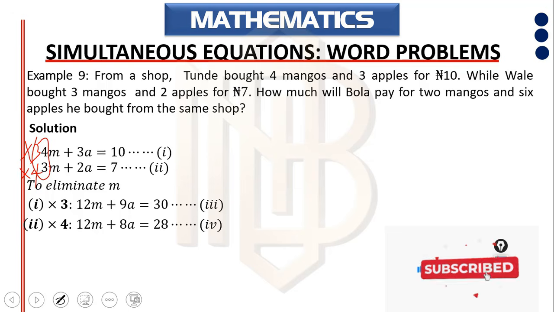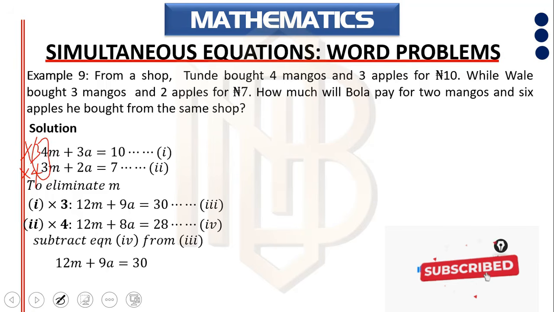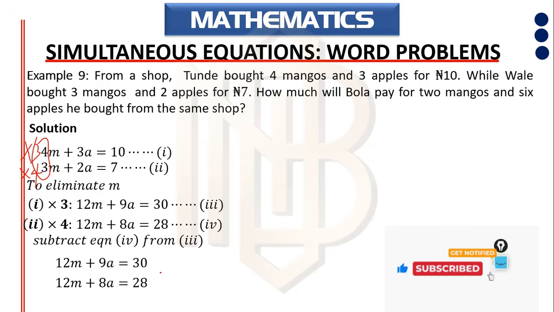Are you still with me? I wanted you to process it, that's why I paused a little. Okay, so that being said, we can then subtract equation 4 from equation 3. If you do the subtraction, we do it that way.